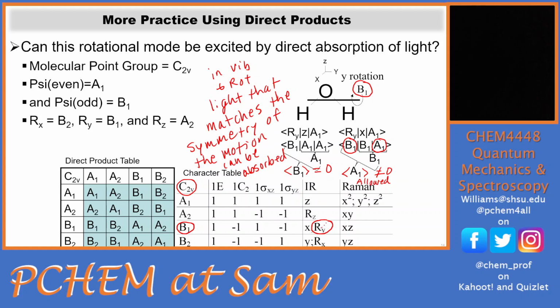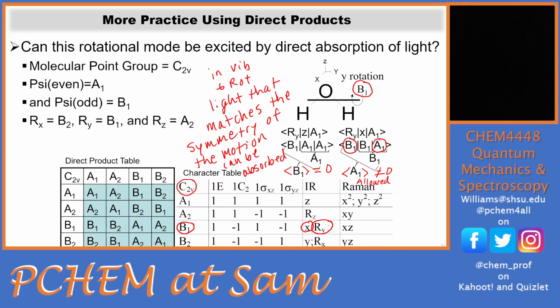And so we can simply look at this table and say for rotation around Y, X polarized light can be absorbed. I already know the answer. I may still be asked by DW to show the work, right? But I know X is going to be the one. And since R, Y, and Z are on different rows, it's not going to work. It's not going to end up with a non-zero result.